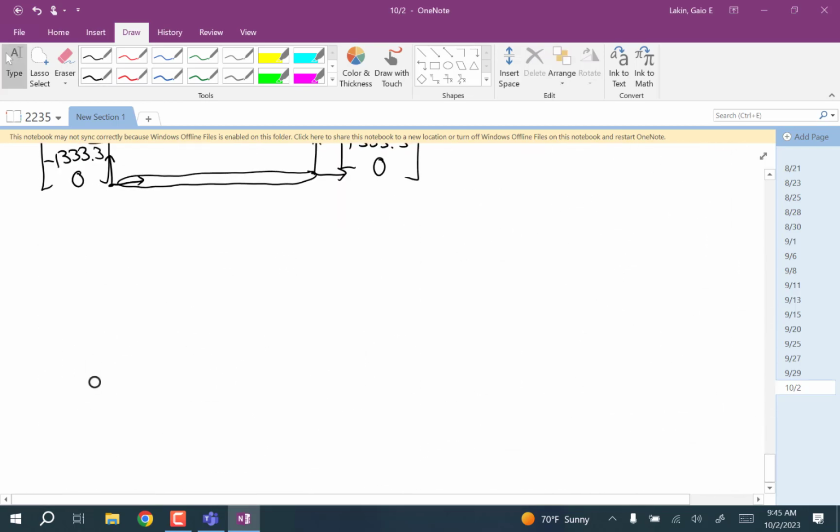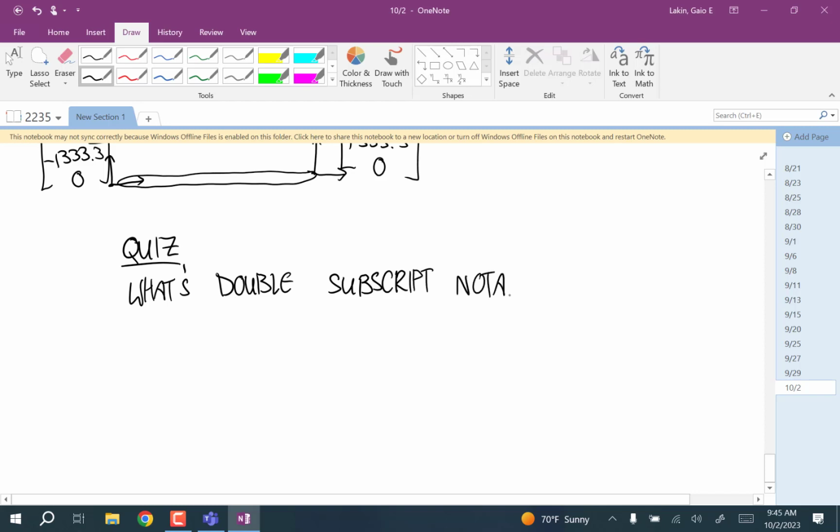Okay, for doing these problems, this is crucial. Don't ask me about real quizzes. This is a fake quiz. What's the double subscript notation for the force on body 3 by body 1?